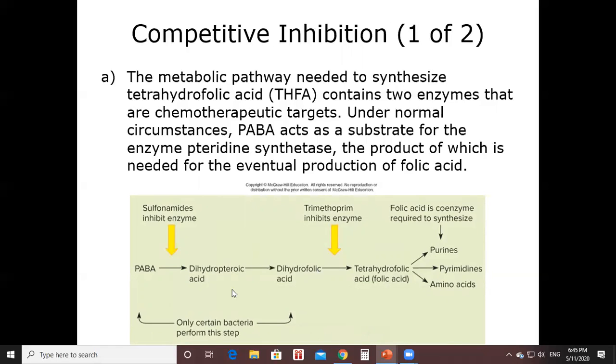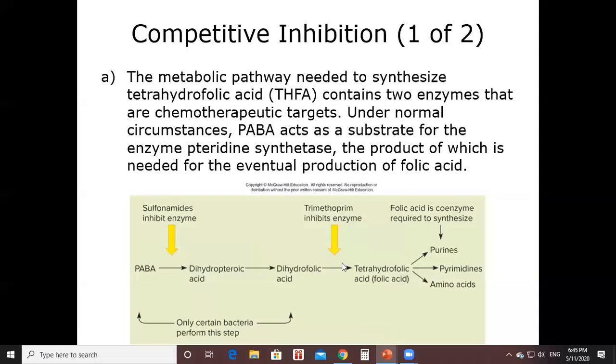In order to get the folic acid, it takes PABA and creates the dihydropteroic acid and dihydrofolic acid, and dihydrofolic acid needs to go to folic acid. Well, this drug stops this process to go from dihydrofolic to folic acid.